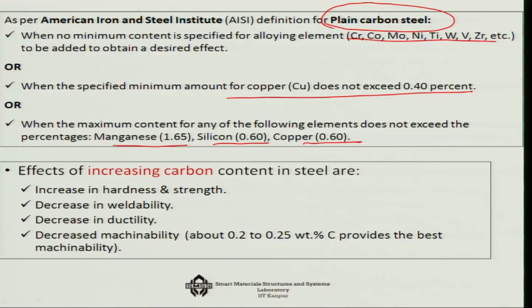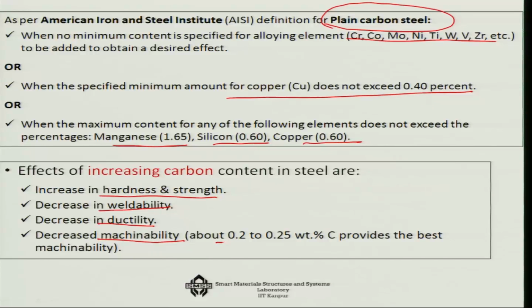And what happens in terms of the carbon content is that as I increase the carbon content, my hardness and strength increases, but that comes with a cost, because there will definitely be a decrease in ductility, a decrease in weldability, and a decrease in machinability of the system.